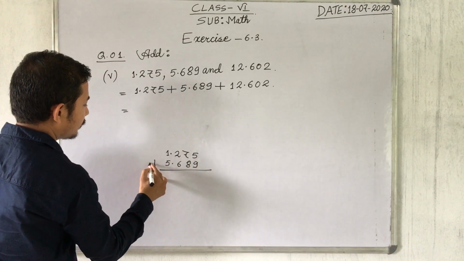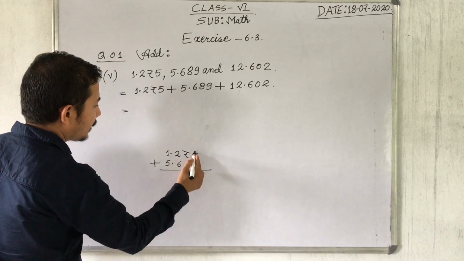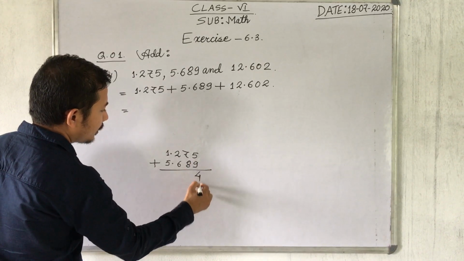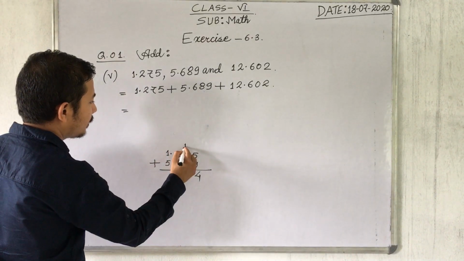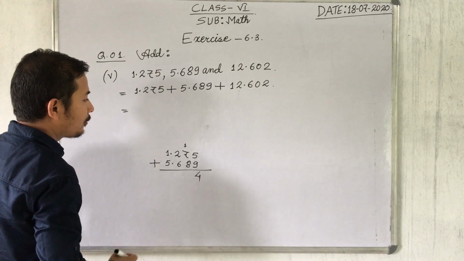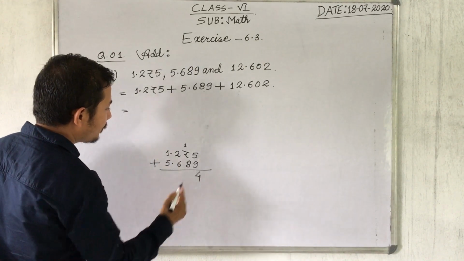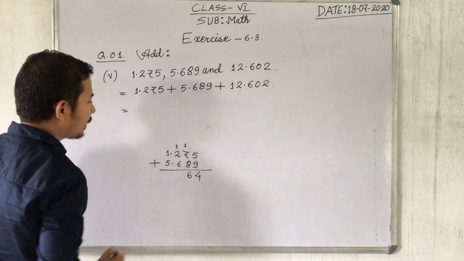Add it. After adding this, what will we get now? Look at here. If we add 9 and 5, there will be 14. Write here 4, 1 carry over. And if we add 8 and 7, it will be 15, and this carry over 1, 16. Write here 6 again. You can carry 1.